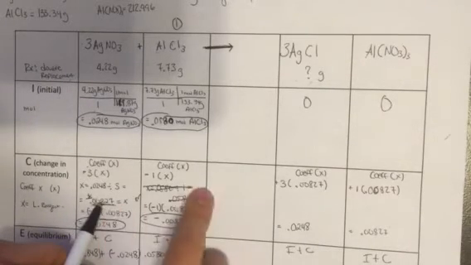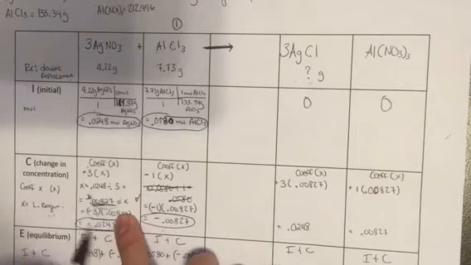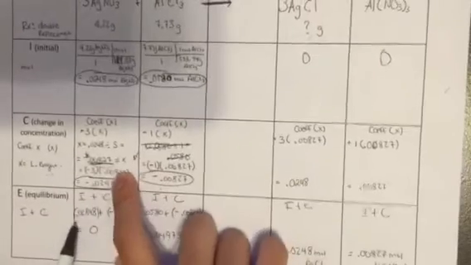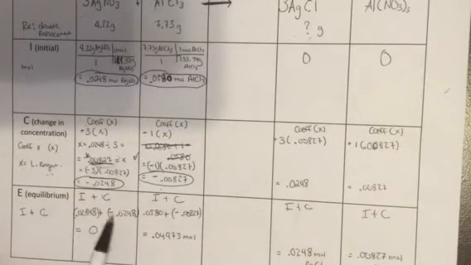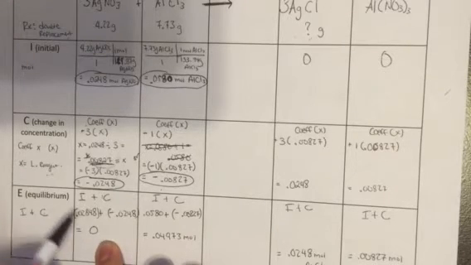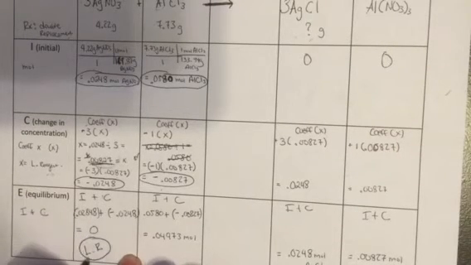We said this one is smaller than that one, therefore this must be the limiting reagent, which is X. We said that. What I'm saying to you is, if this is a limiting reagent, after the reaction, how much of it should I have? Well, I should have 0. It should be all used up, correct? And I see that that's the case, so that's good. So this was my limiting reagent. I have none left, and that's great.